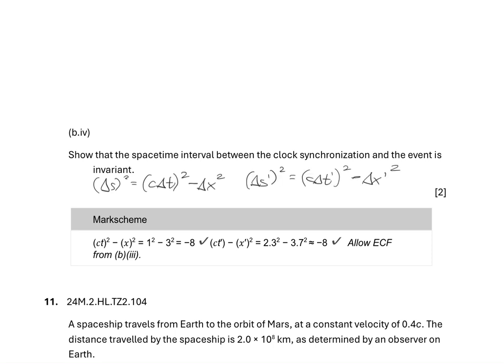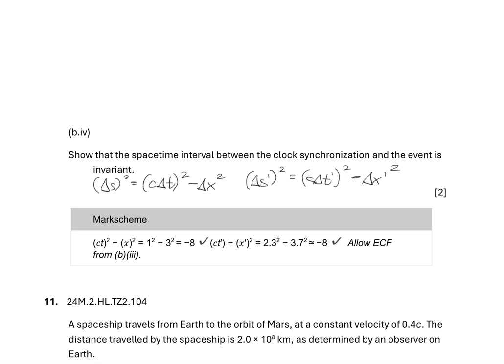That's the space-time interval for S, or observer A, and then the space-time interval for B in S prime is delta s prime, with s lowercase for space-time interval, not uppercase S for reference frame. The time position for B is c delta t prime, and the position x is represented with a prime for that reference frame.